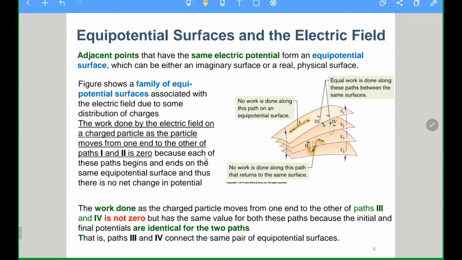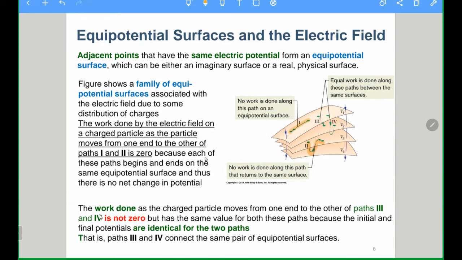So actually the work done is only related to the starting point and the end point, not to the path it takes. So if the path starts from here and goes through many loops and then goes back to here, the work done will still be 0.